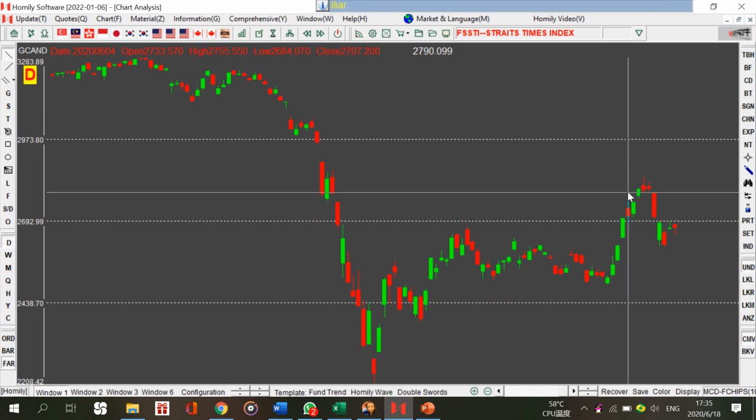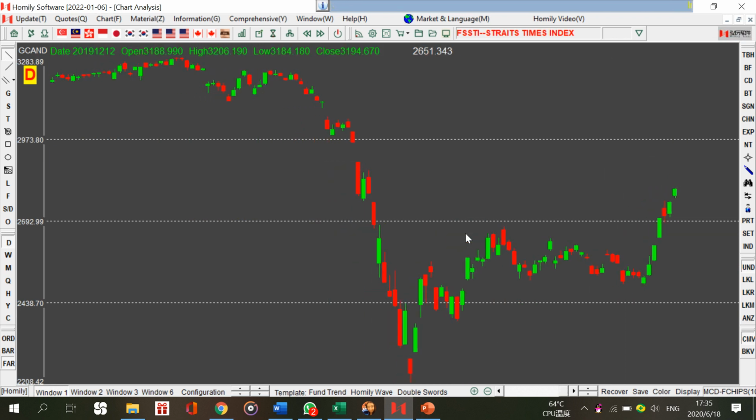Okay, so for FSTI, can you see that when the price gave us a very forceful rally until 8th June, at this candlestick, we see the previous downward gap here covered, right?